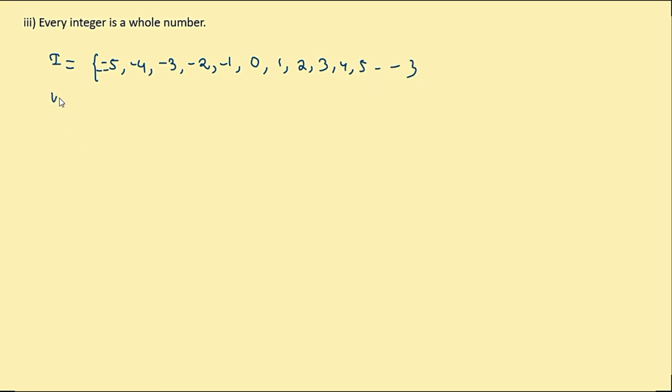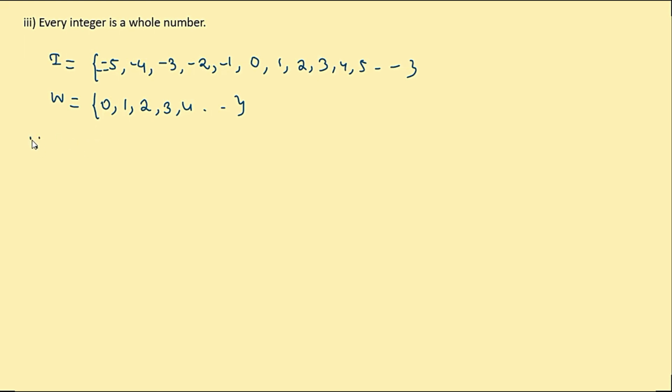And whole numbers are only from 0 to all the positive integers. So every integer is not a whole number, right? Whole numbers and positive integers are same, but negative integers are not included within the set of whole numbers.